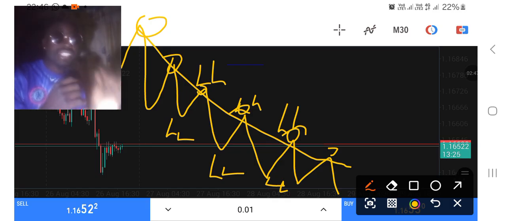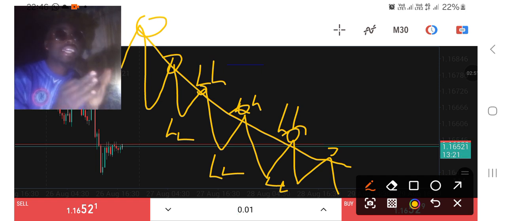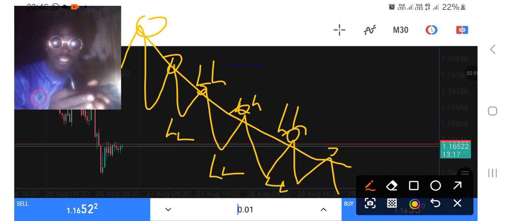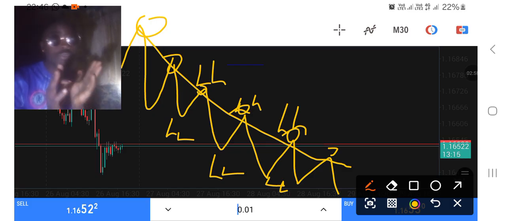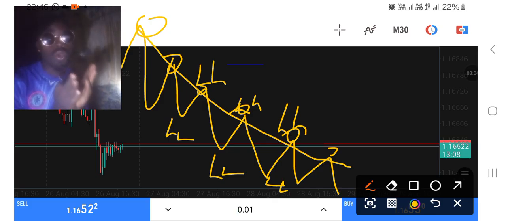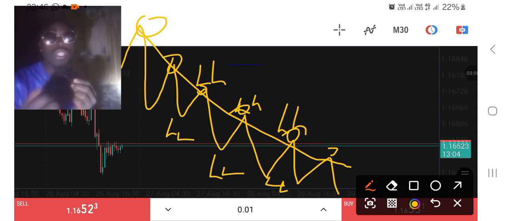Now, how does this trend line help you? The trend line shows the direction. Let's say you are a forex day trader. If you are a day trader, focus on the M30 or 1 hour chart, which is the time frame I use most of the time.